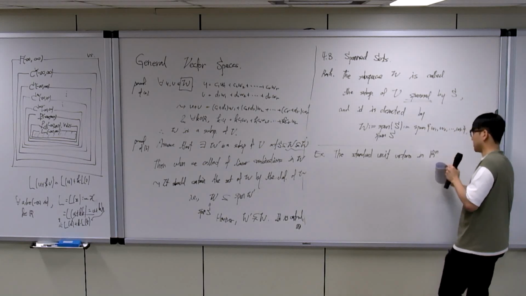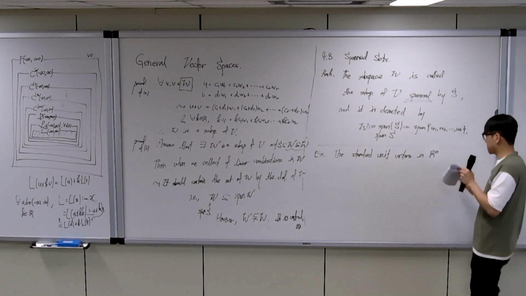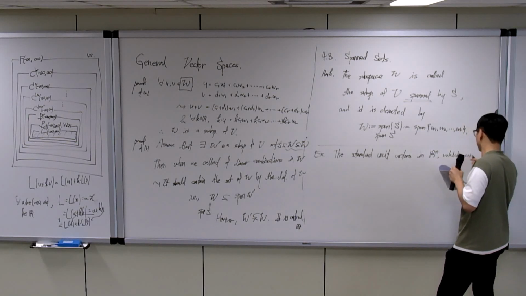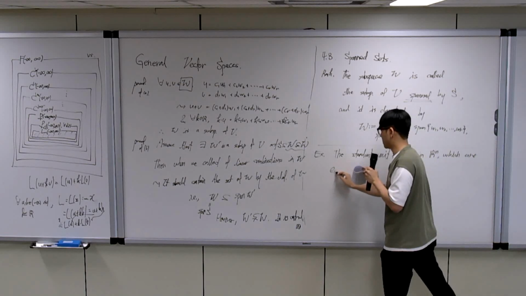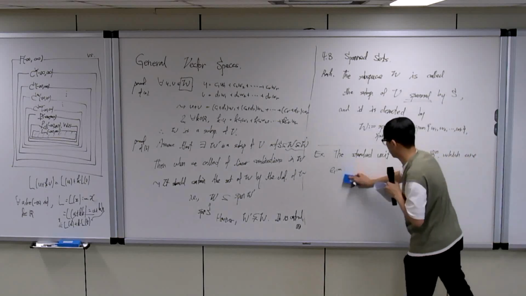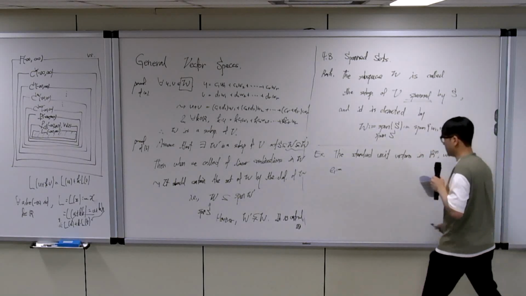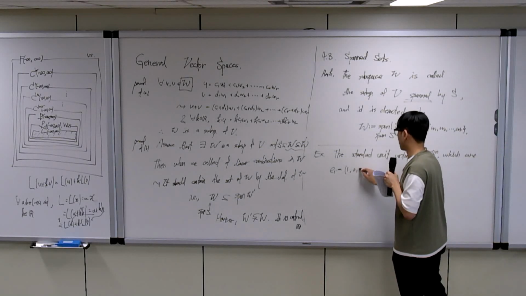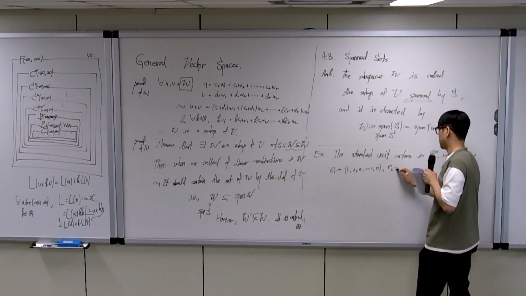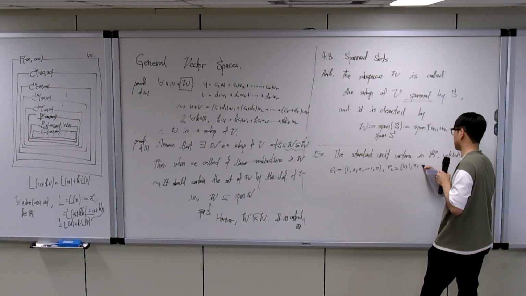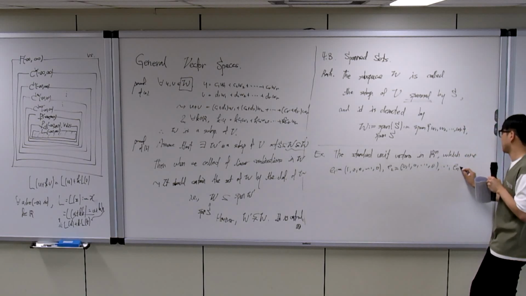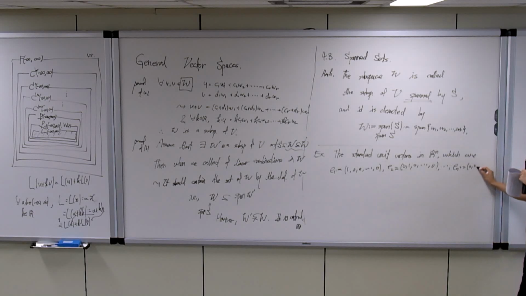The standard unit vectors were E1 is 1,0,0; E2 is 0,1,0; En is 0,0,1.